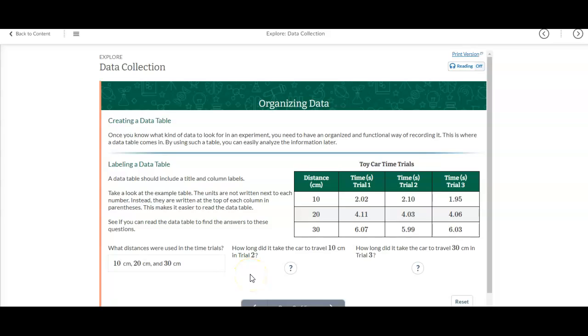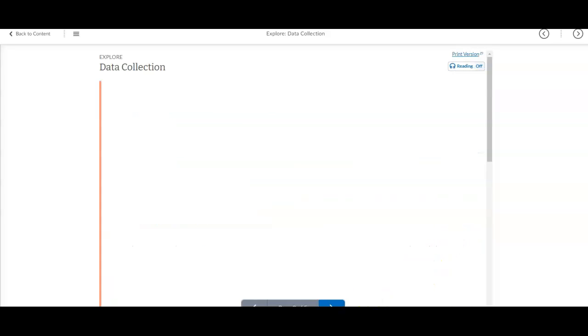How long did it take the car to travel 10 centimeters in trial 2? So we look at the 10, go over to the 2, and we're easily able to see 2.10 seconds. Finally, how long did it take the car to travel 30 centimeters in trial 3? So 30, trial 3, 6.03 seconds.